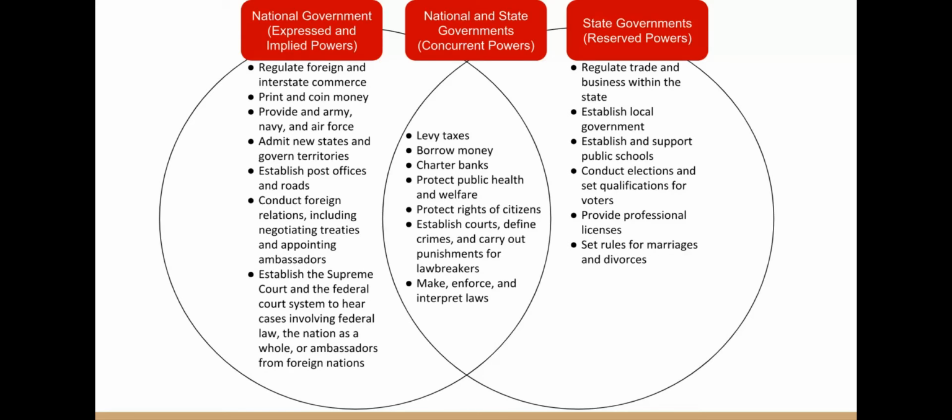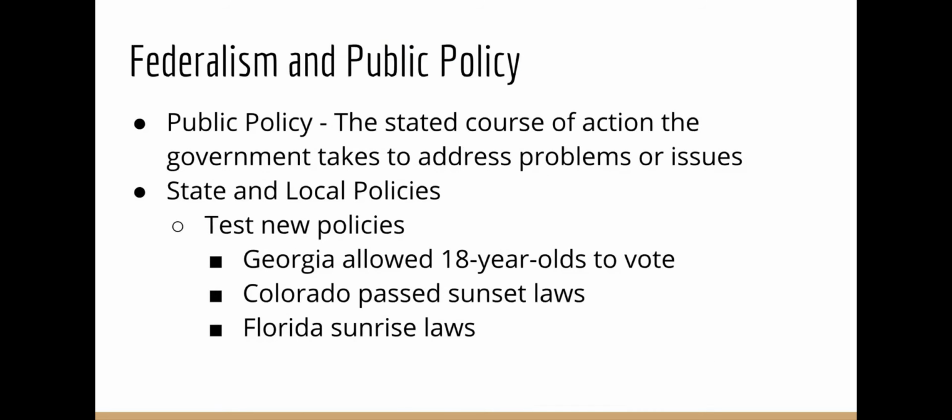They can enforce, make, and interpret laws. And they can protect the rights of citizens, to name a few. But hopefully this gives you a better picture of what some of the powers are that are reserved for each.